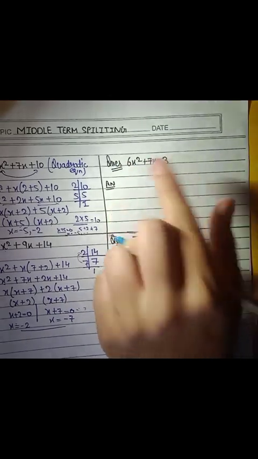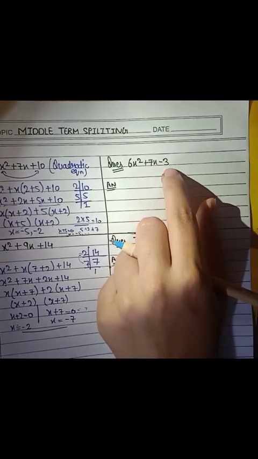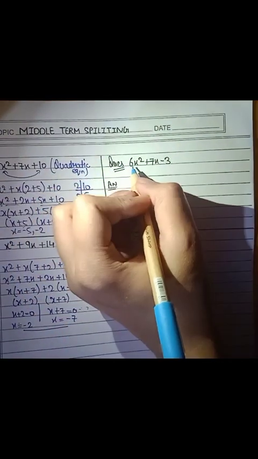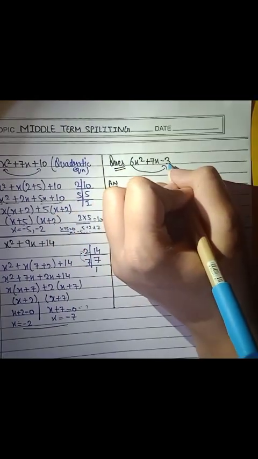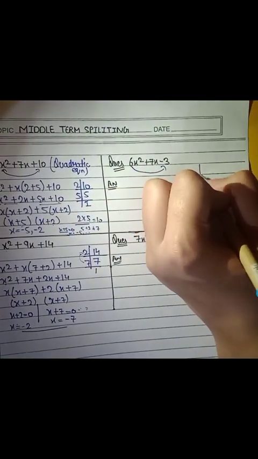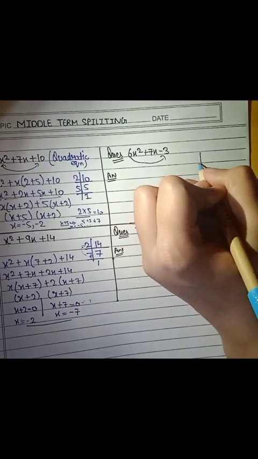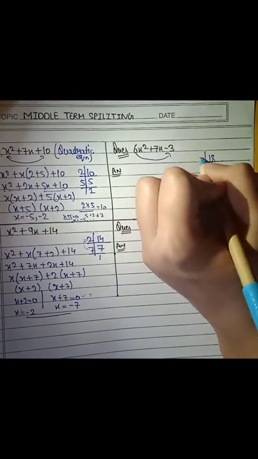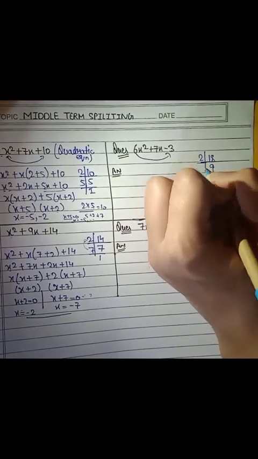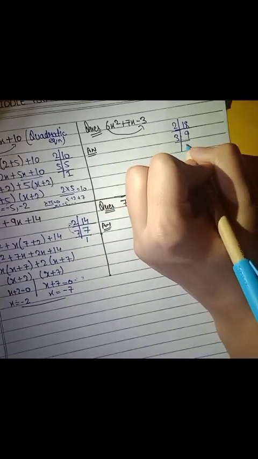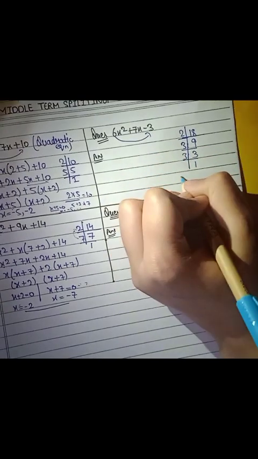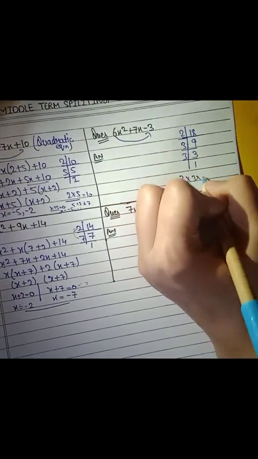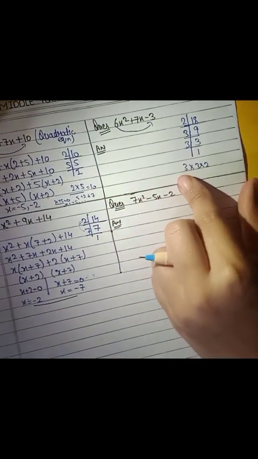Now you can see the next question. This is 6x square plus 7x minus 3. The constant is minus 3. If we factorize this 6 into 3, which is 18, we get this pair, 2 into 3 into 3, and the sign, the positive or negative sign before the constant.